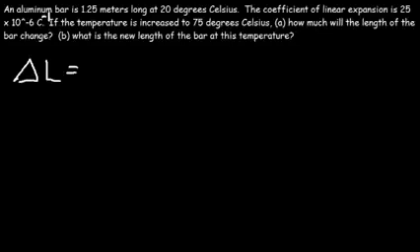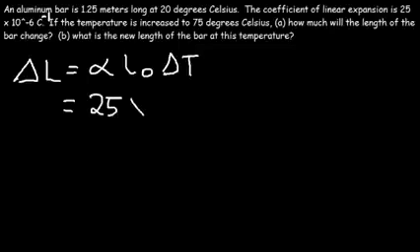So delta L is equal to alpha times L0 times delta T. The coefficient of linear expansion is 25 times 10 to the minus 6, and the units are Celsius to the minus 1, which is basically 1 over Celsius.